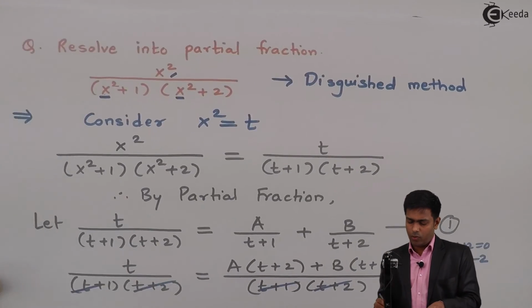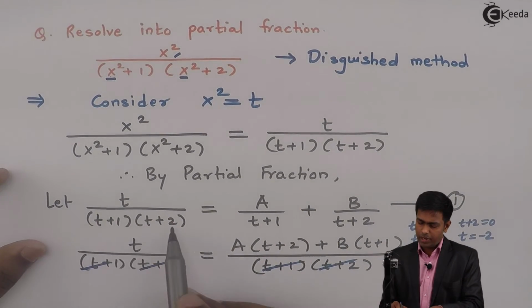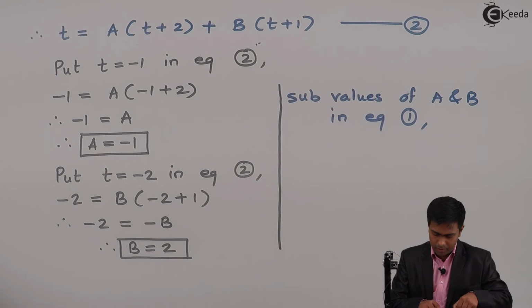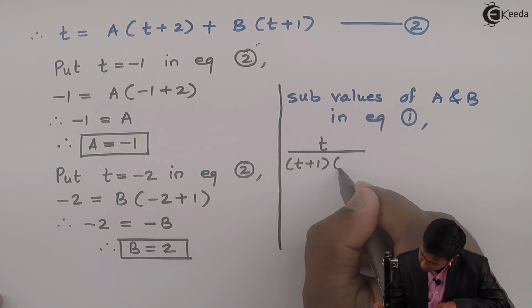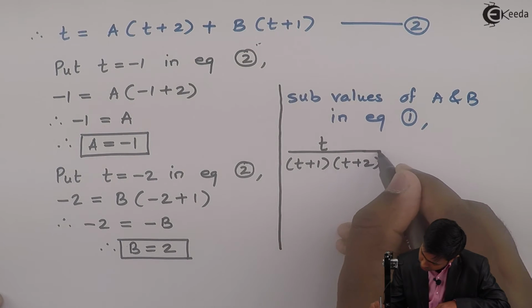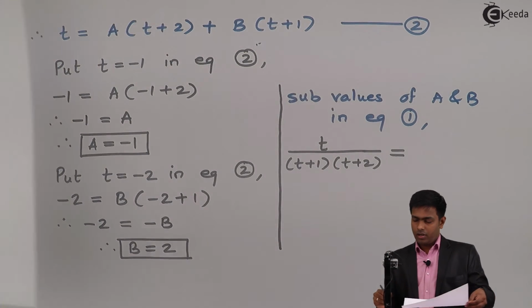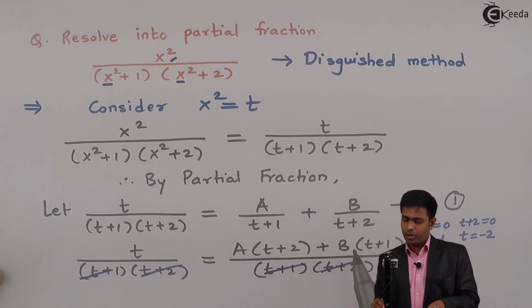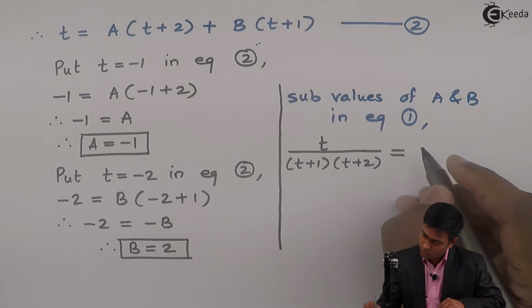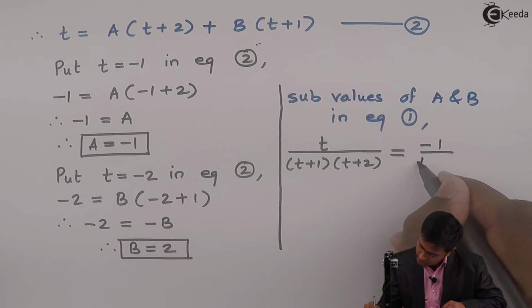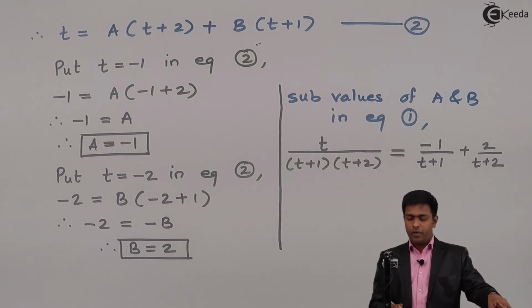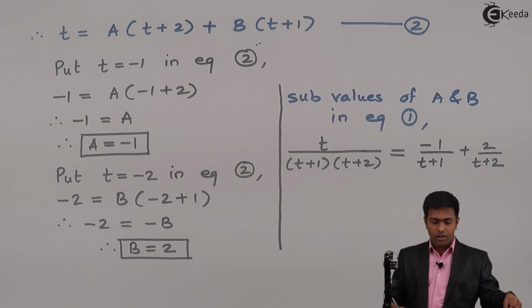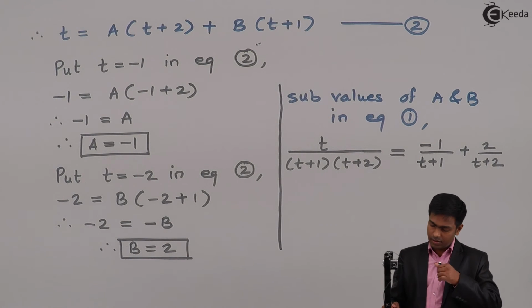Equation number 1 is t upon t plus 1 into t plus 2 equal to a upon t plus 1 plus b upon t plus 2. So a is minus 1, so minus 1 upon t plus 1, plus b, that is 2 upon t plus 2. So here we got the partial fraction for the given fraction.